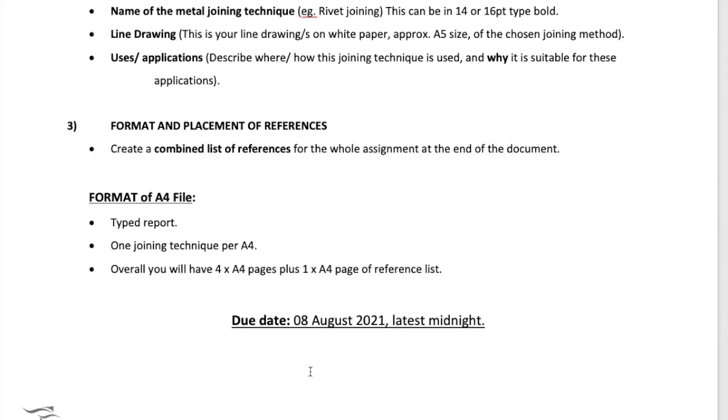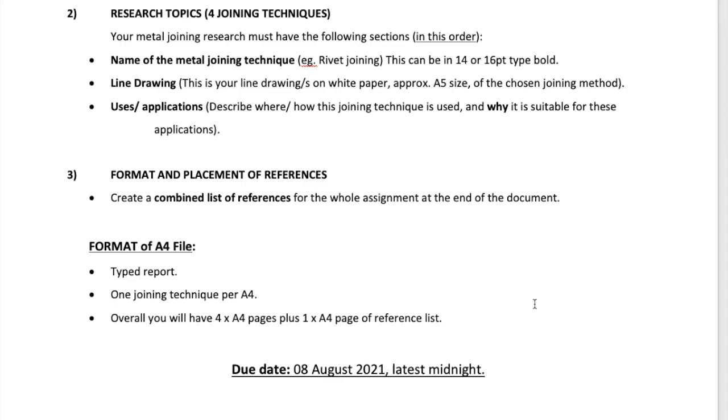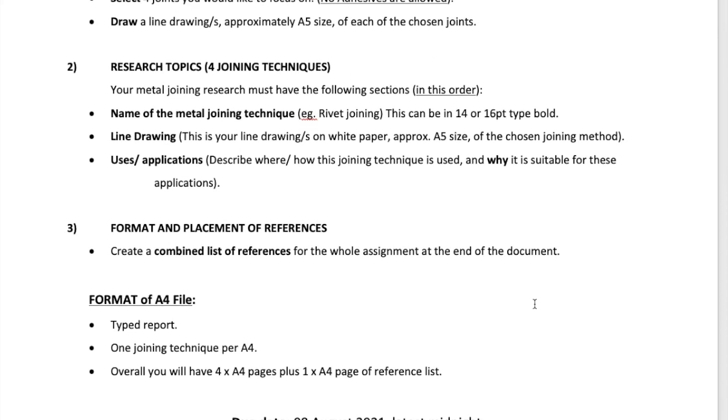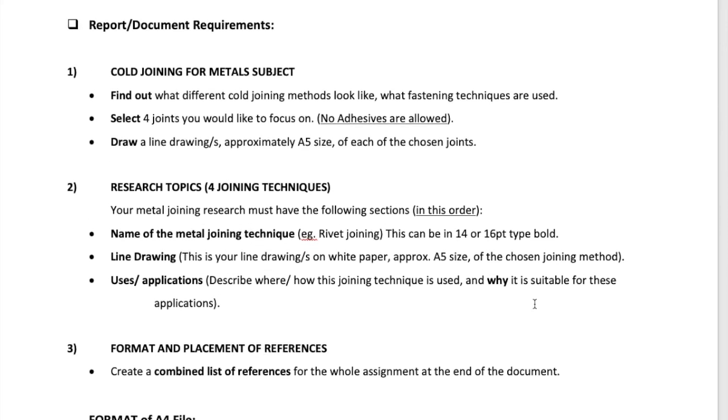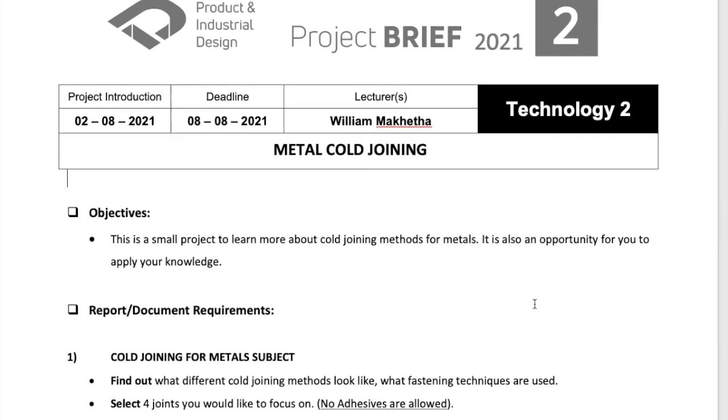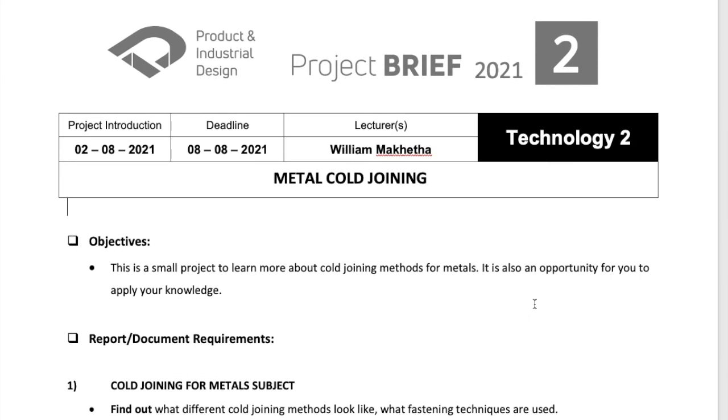It is due 8th August, midnight at the latest. I am available if you need me to clarify anything on this brief, and in addition, I have attached the PDF file of this so you can download it if you need to. Alright, cheers guys.